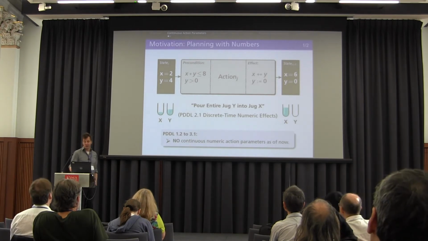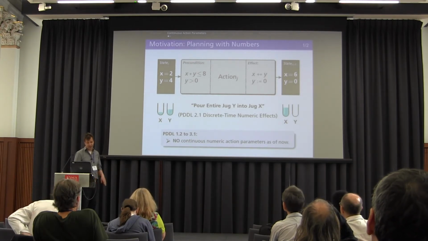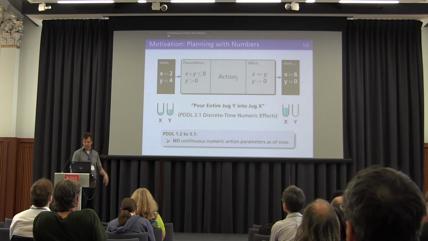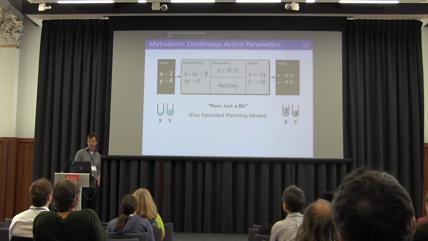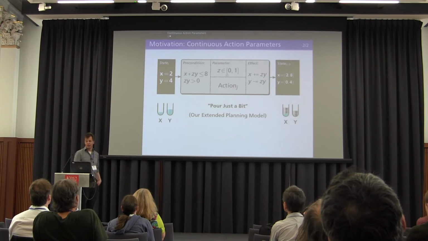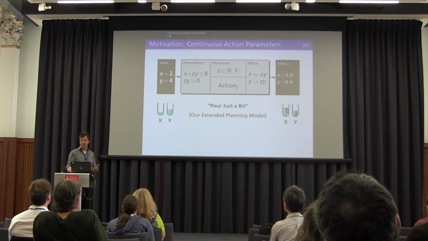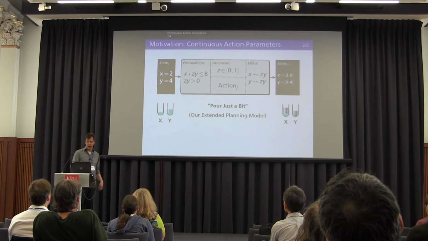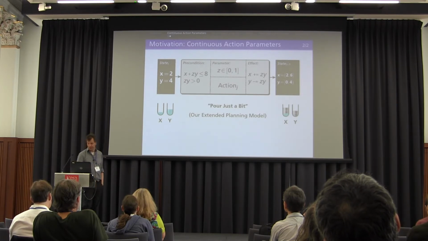But what we can't do is the following, neither in PDDL nor any of these PDDL things that are around: to have a parameter z, which is in between 0 and 1, and that says not pour everything but pour a bit. We do not know in advance how much the bit is.